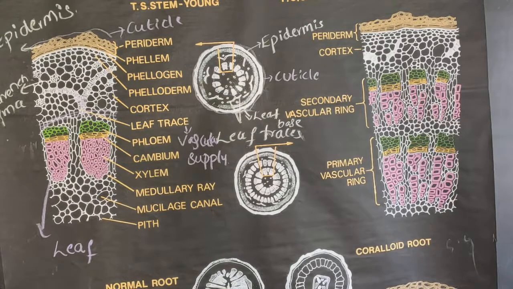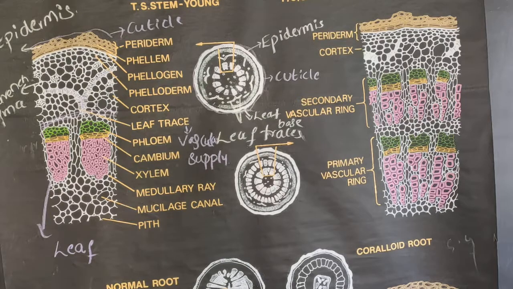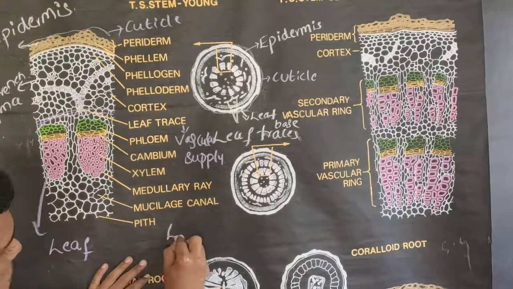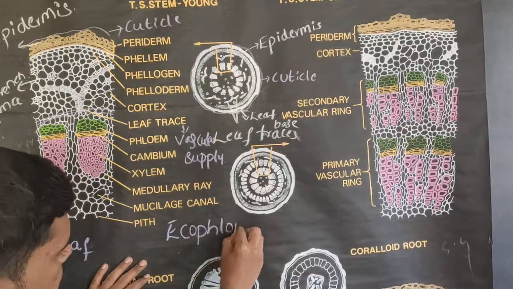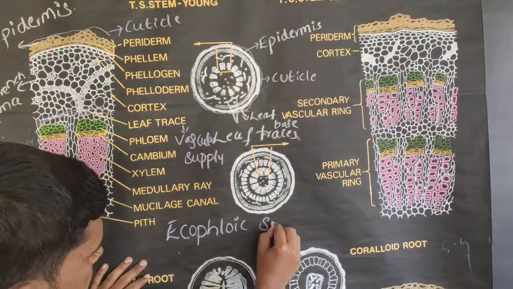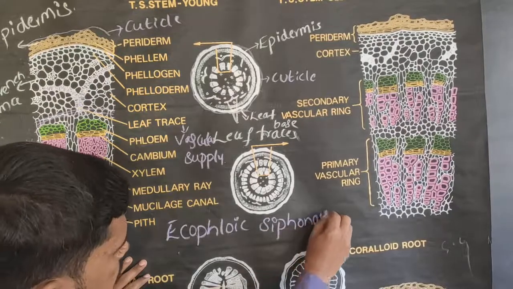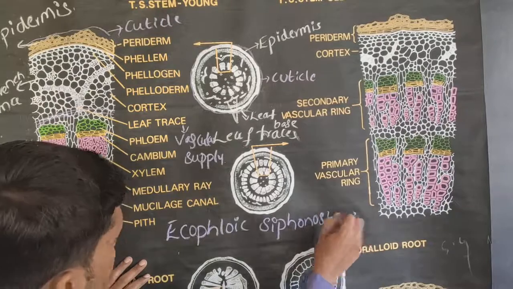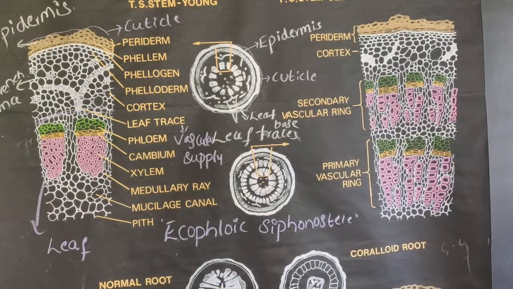And in the cycas stem, the vascular bundles are said to be ectophloic siphonostele.